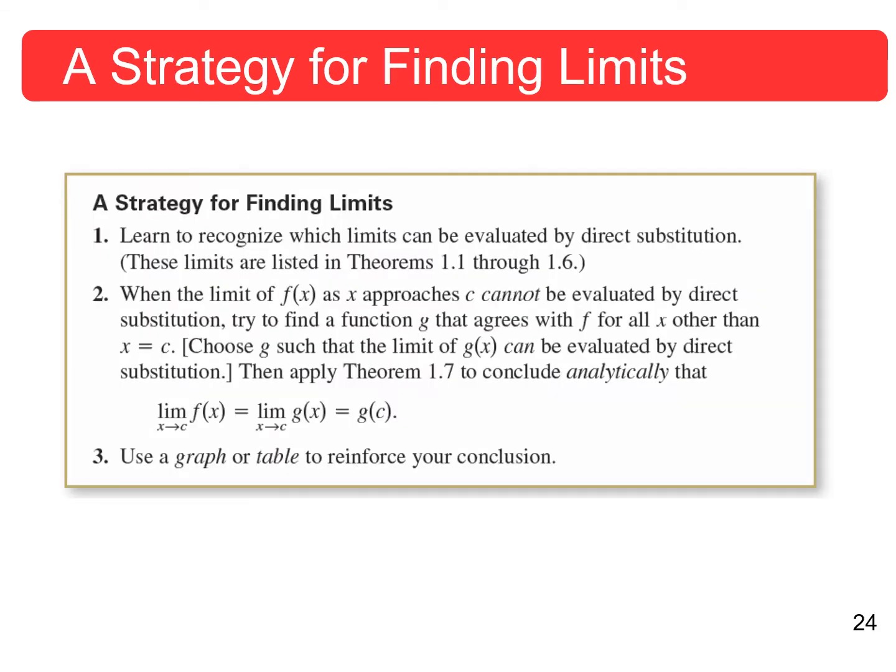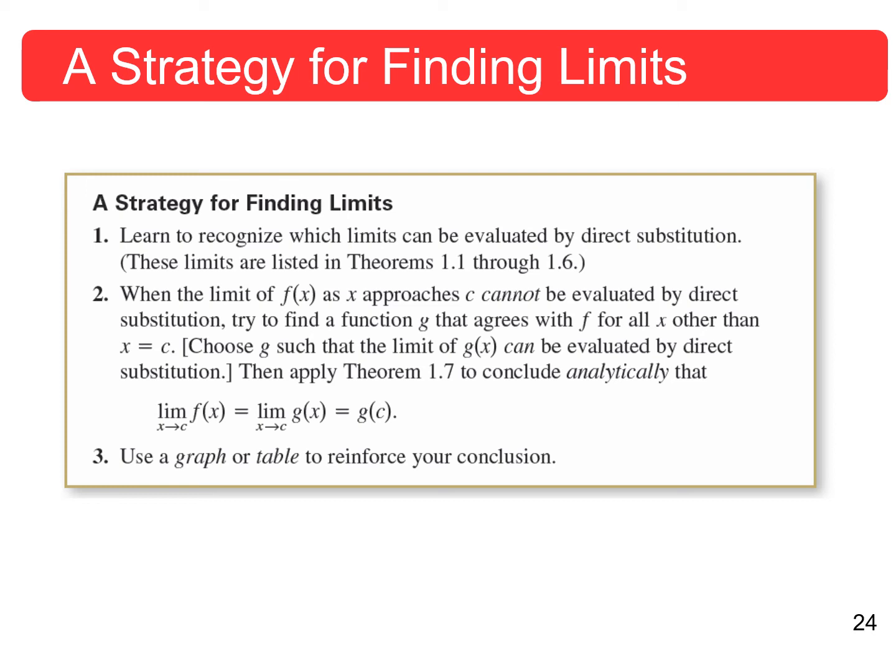Now at this point, we can summarize what we have learned so far and come up with a strategy for finding limits. The first step is to learn to recognize which limits can be evaluated by direct substitution. These types of limits are listed in theorems 1.1 through 1.6.